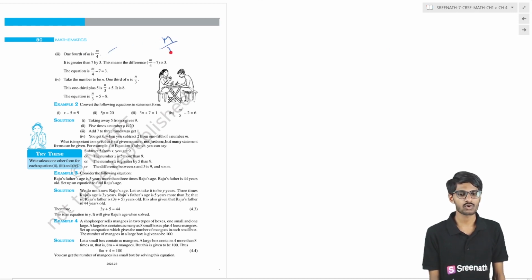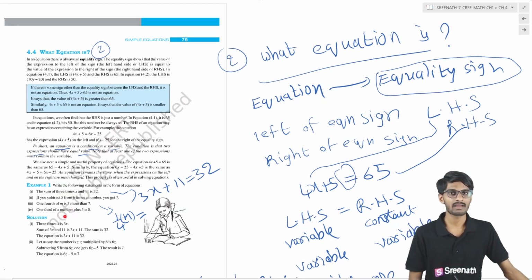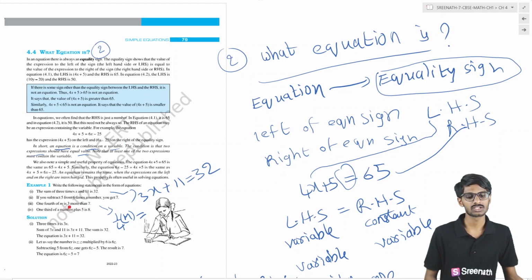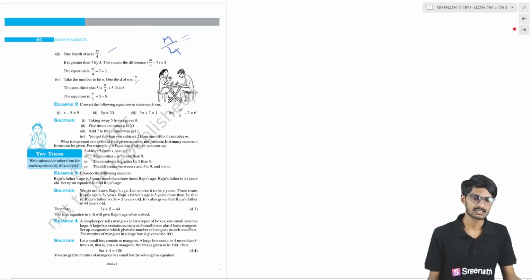That is m by 4, and that is equal to 3 more than 7. So 1/4 of m value is 3 more than 7.